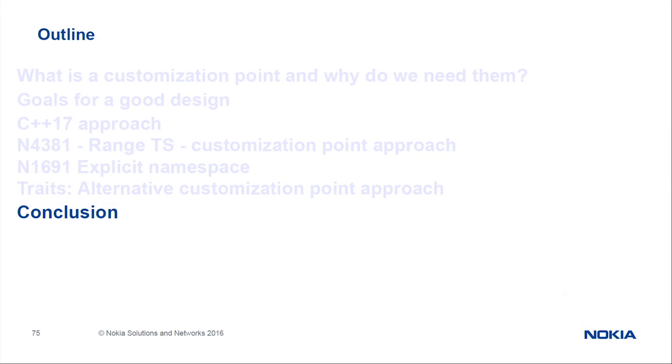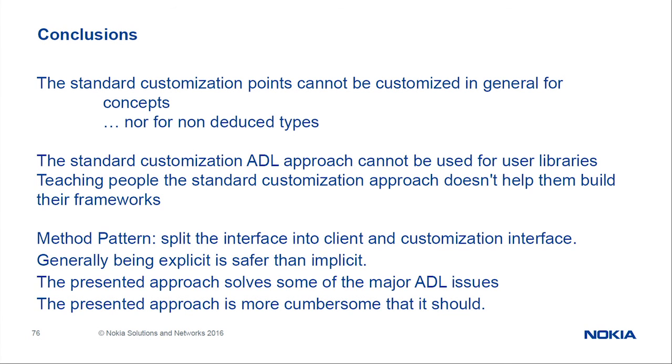Okay, conclusion. I will repeat what I have started to say. We have today some problems in the customization mechanism of the standard. We have not found them because we have not tried to customize concepts. And the single concepts we have tried are not recursive.